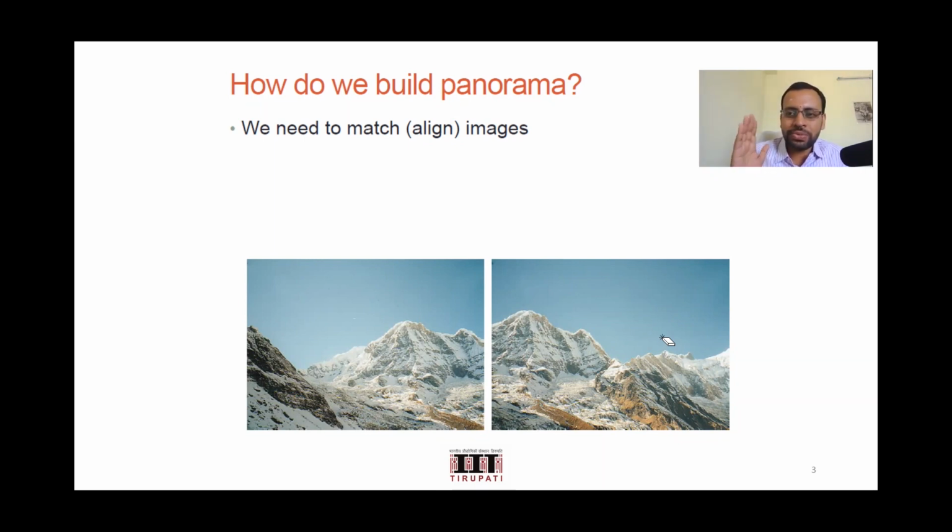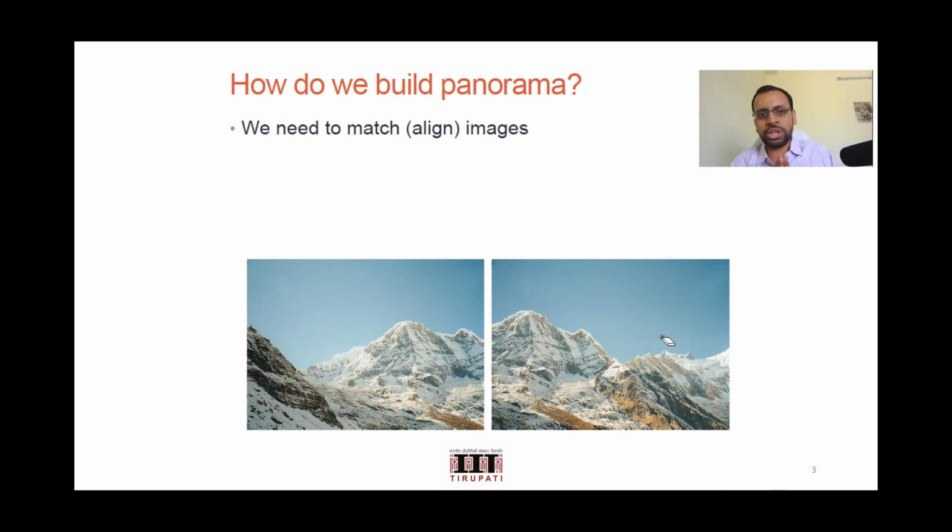But since we have to implement this using an algorithm, while finding key points we should come up with a set of properties that these key points should satisfy, so that we can have a very good alignment or mapping of these two images. One application we started with is the panoramic view.